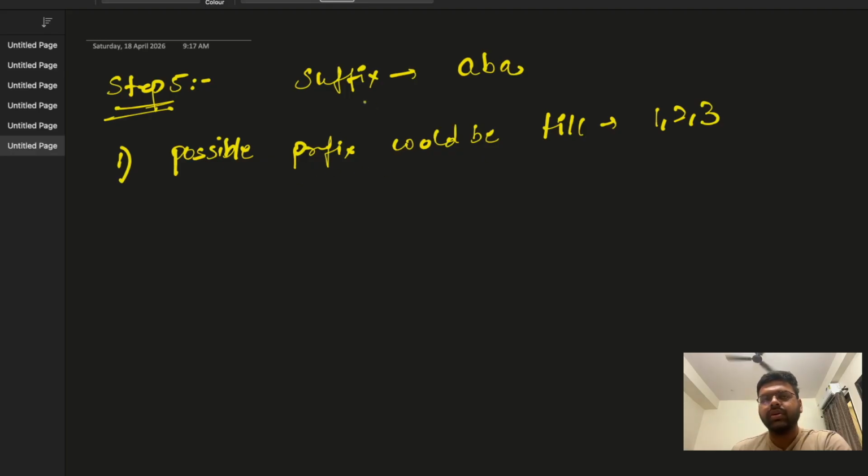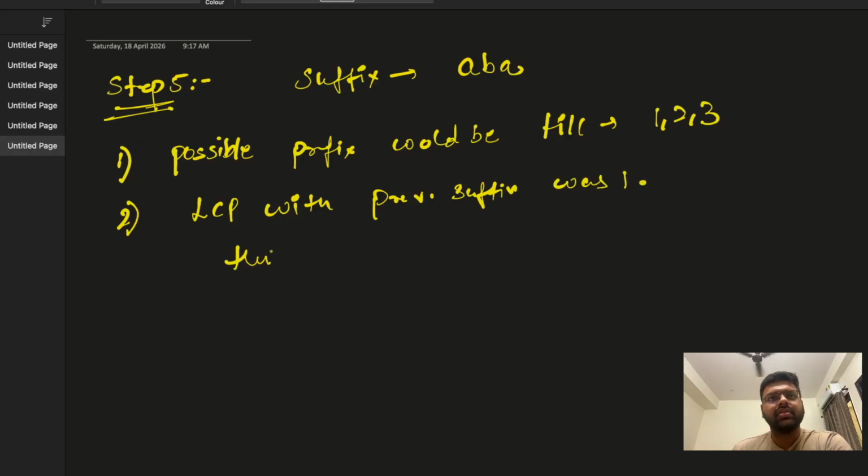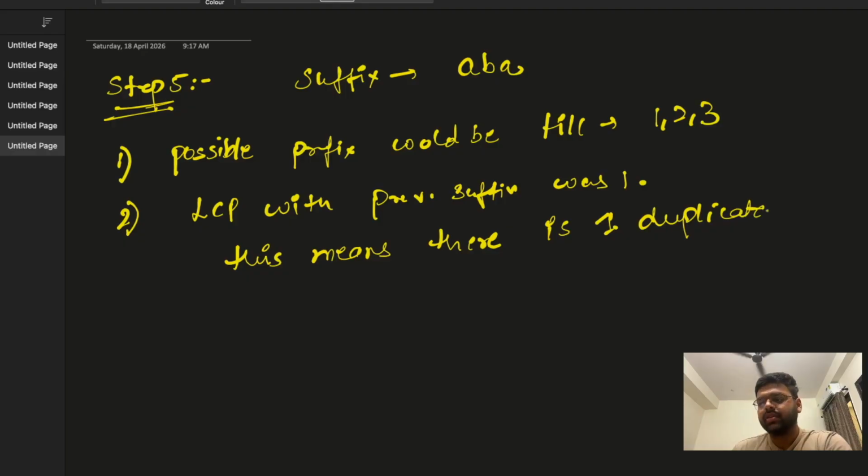This I know. And also I know that the LCP with the previous suffix was 1. This means there is one duplicate, right?